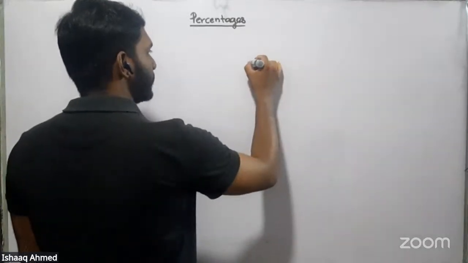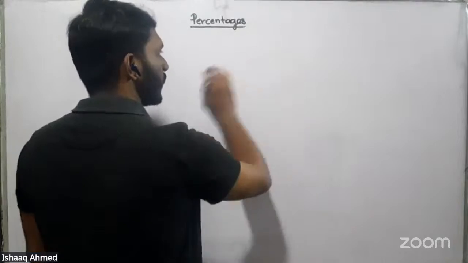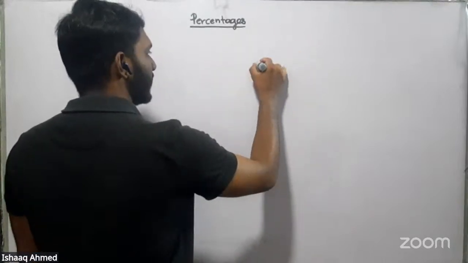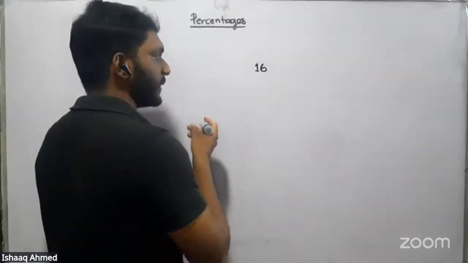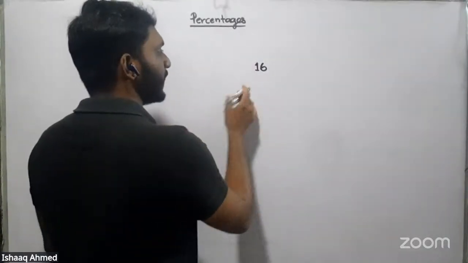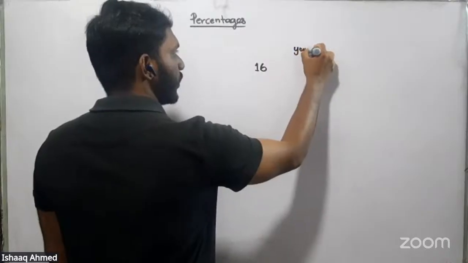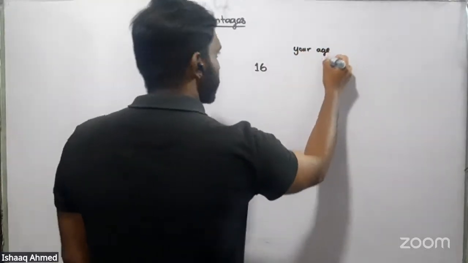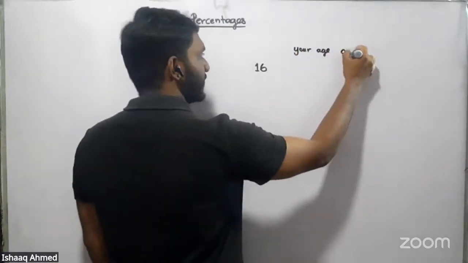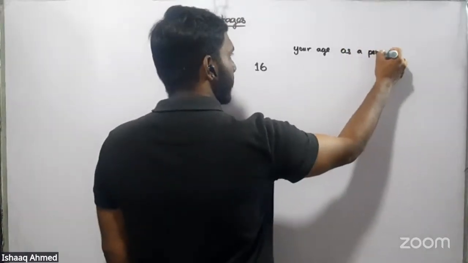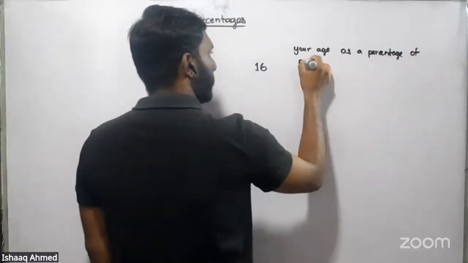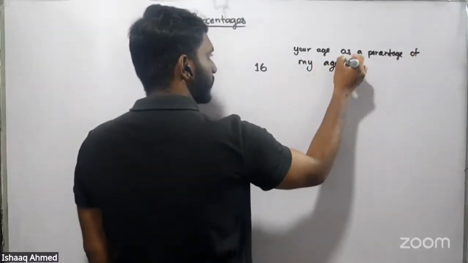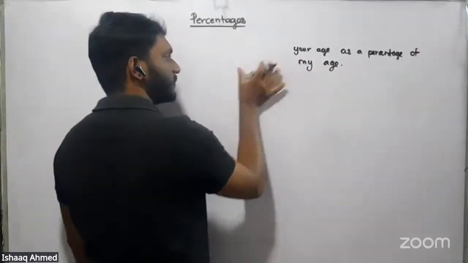So for example, your ages are mostly 16. Your age is 16. Now, if we want to express your age as a percentage of my age, it can be done.